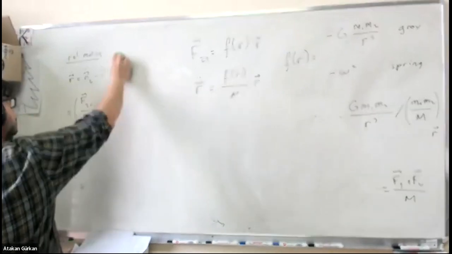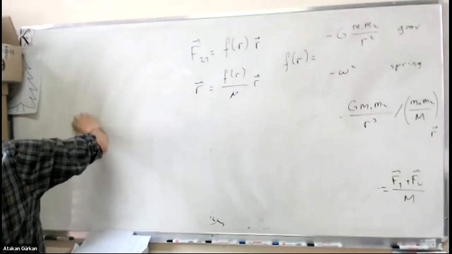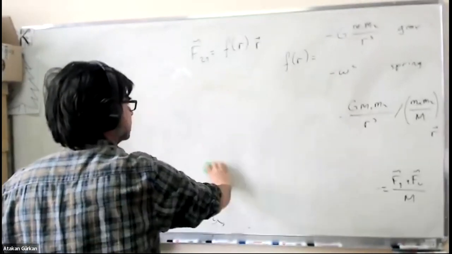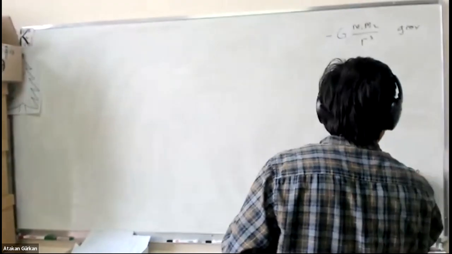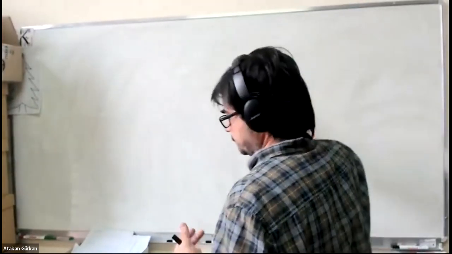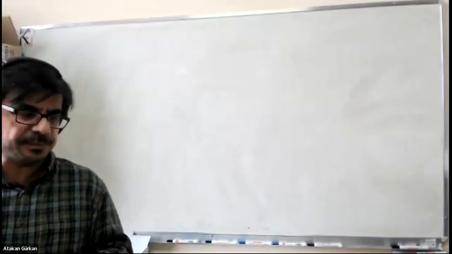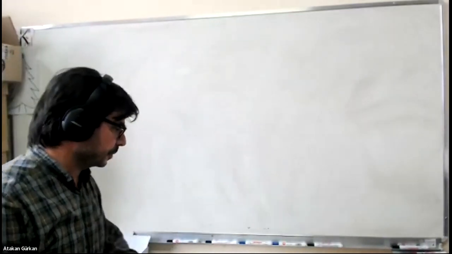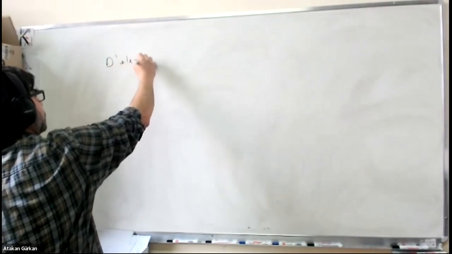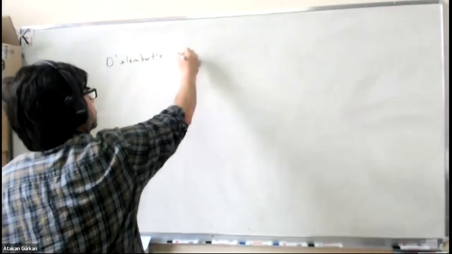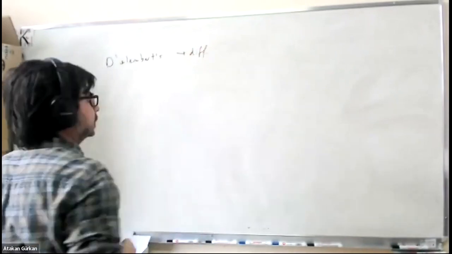Now, so far our task, as I tried to emphasize, is to distinguish between realizable and unrealizable paths. Last time we used D'Alembert's principle for this, and D'Alembert's principle was a differential form, right?